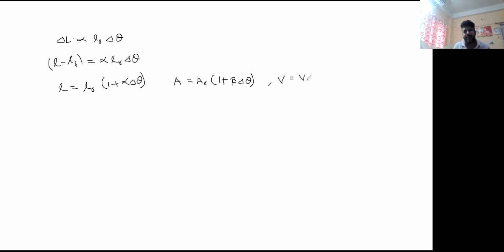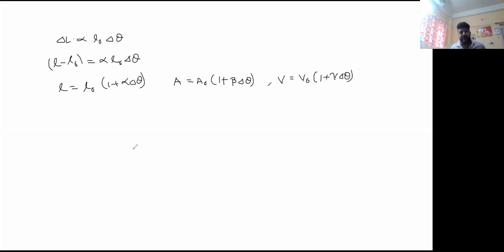So L minus L naught equals a constant alpha L naught delta theta, so L equals L naught into 1 plus alpha delta theta. Similarly, for area, you can write A naught into 1 plus beta delta theta. Similarly, for volume, V naught into 1 plus gamma delta theta.